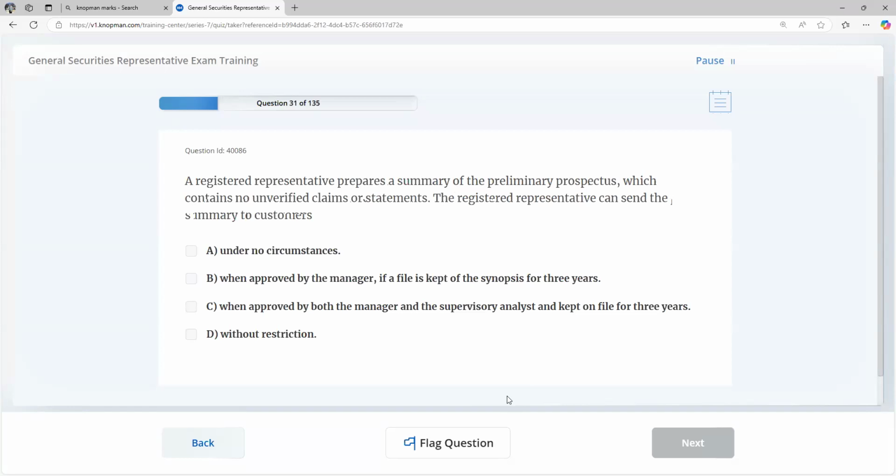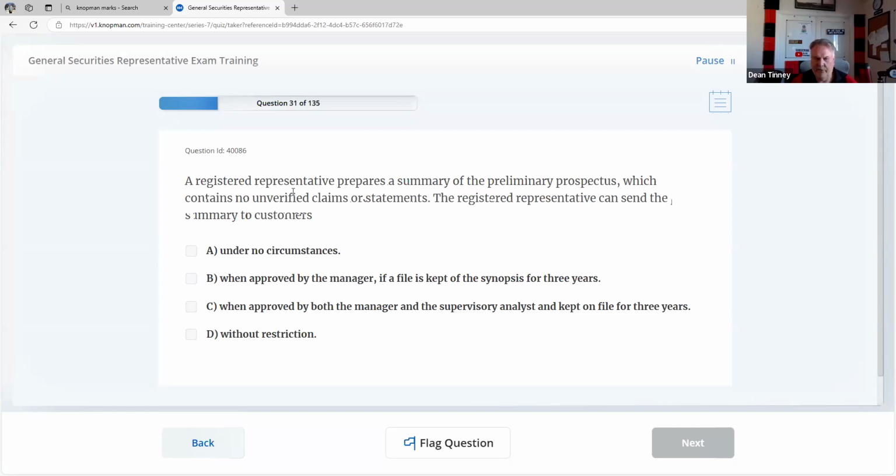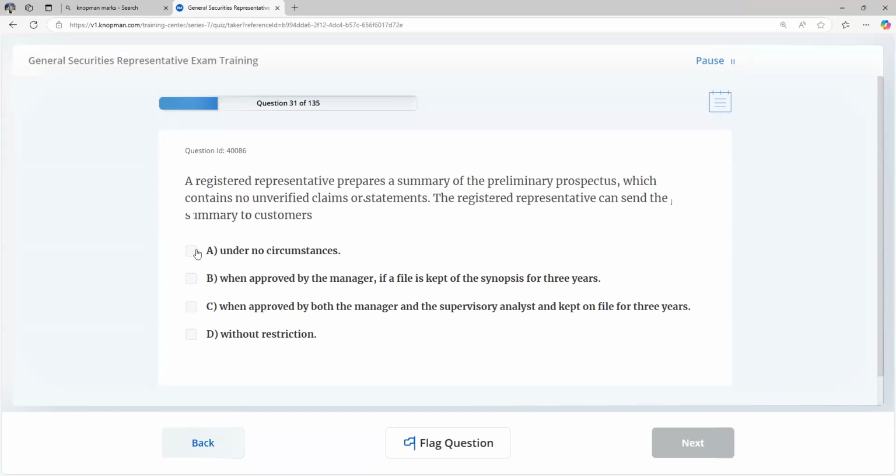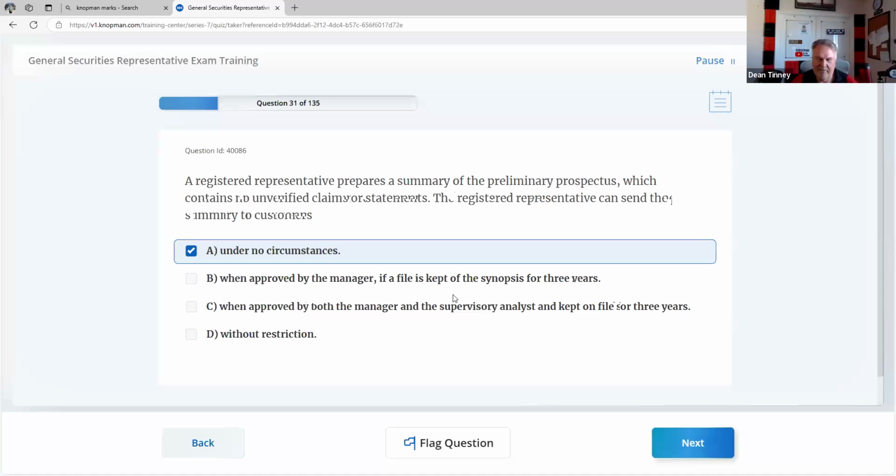I'm pretty sure you can send it out if it doesn't have unverified claims or statements. Well, think about what this says. A registered rep prepares, not a summary prospectus. You have prepared a summary of it. Oh yeah, you can't do that. Oh no, big no.